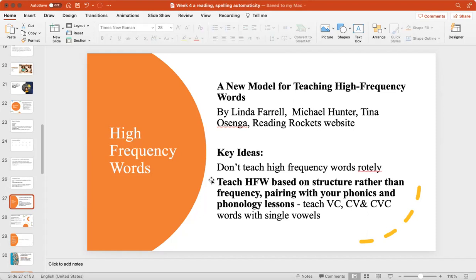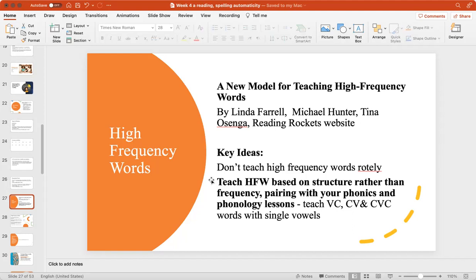The reason this is so important is that many teachers that you're going to observe will take those high frequency words, I, it, in, was, you, and put them on cards and say to their students, memorize.